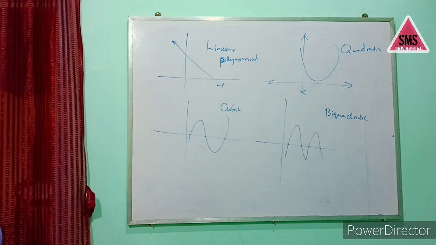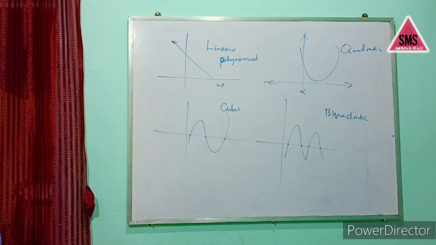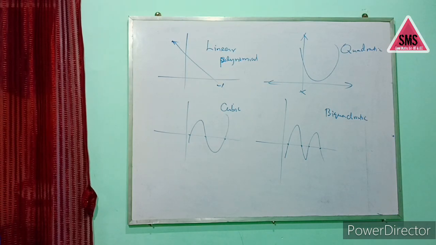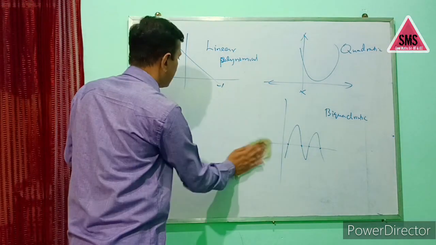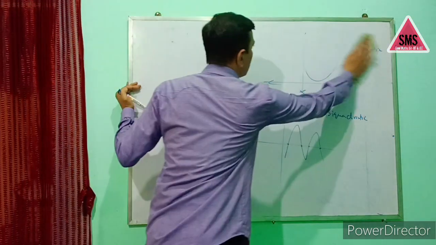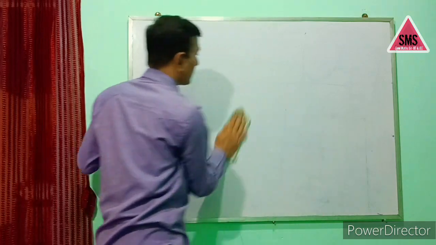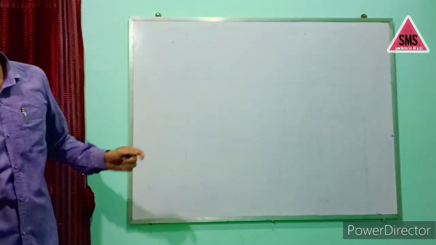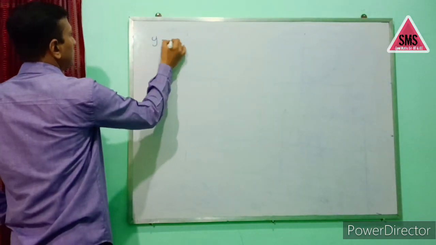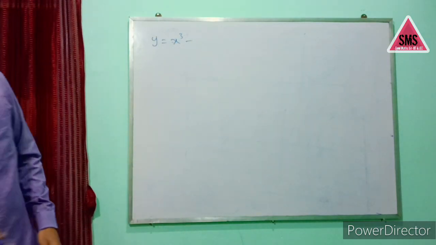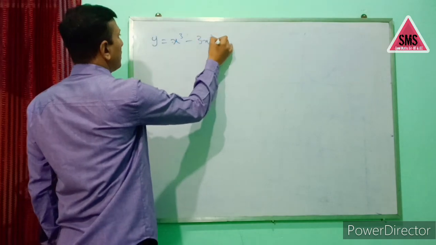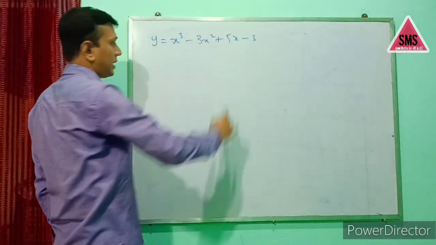In how many points does the graph of y equals x cube minus 3x square plus 5x minus 3 intersect the x-axis?